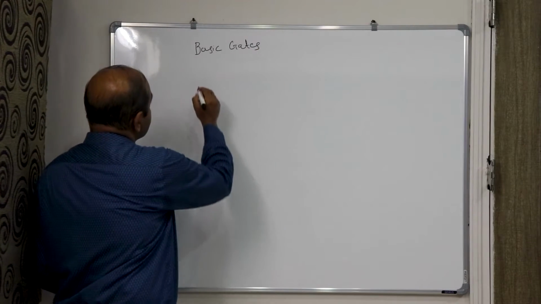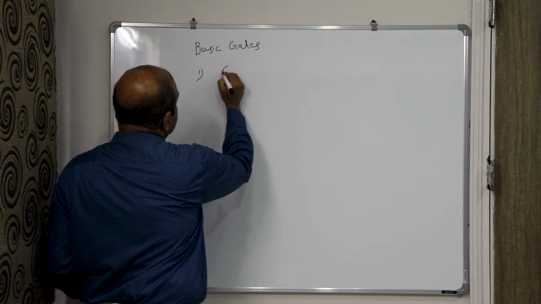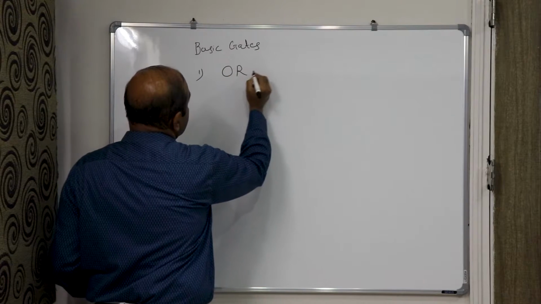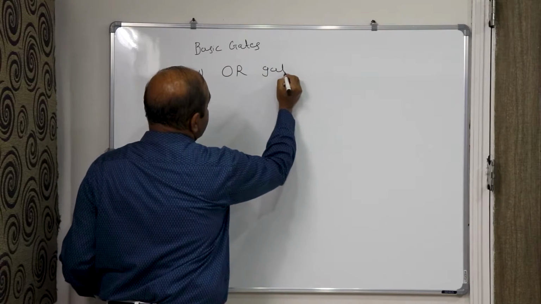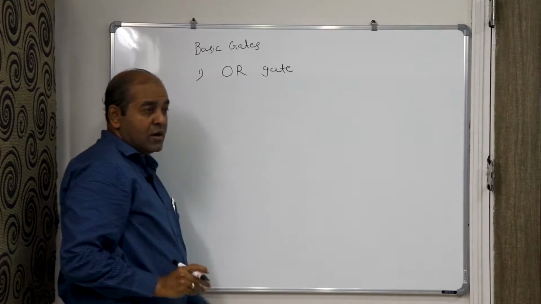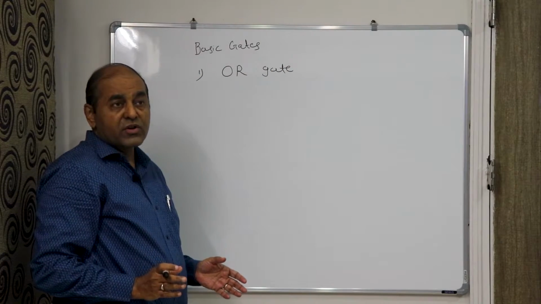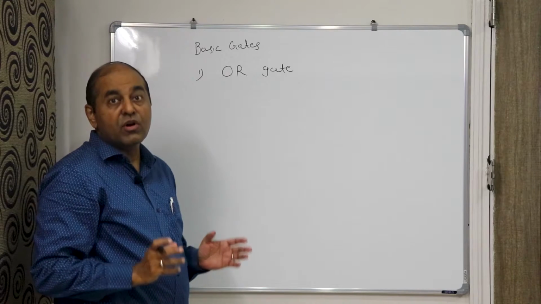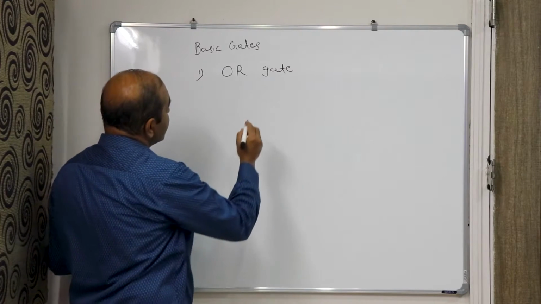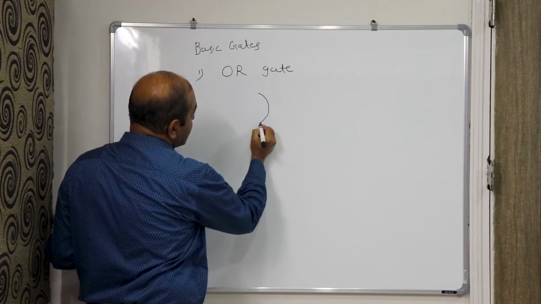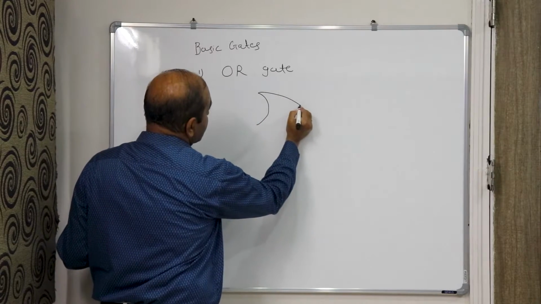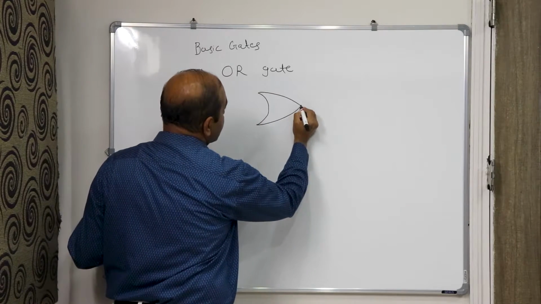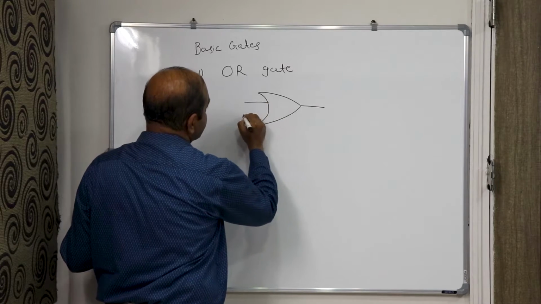Gate number 1, that is OR gate. OR gate is a function of summation or addition, and that is represented by a symbol like this.